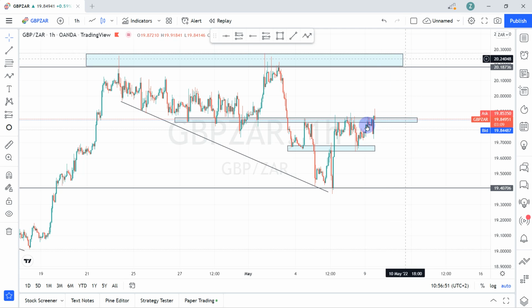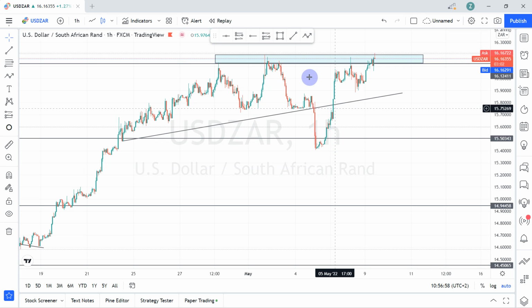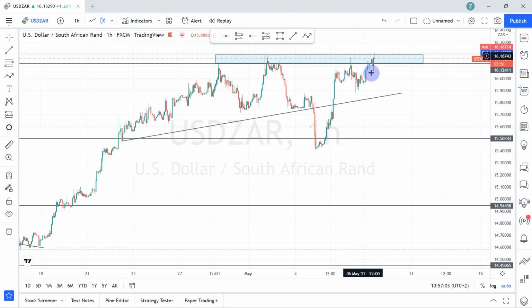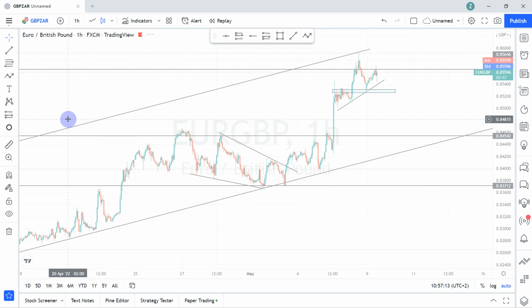Here it's showing us buys, but on the USDZAR pair we catered for sell. Also here we're seeing this inverse head and shoulder on the US dollar ZAR. So the market might actually break out of our zone and push to the upside for buys, then for sells, it might sell and give us our sell setup.